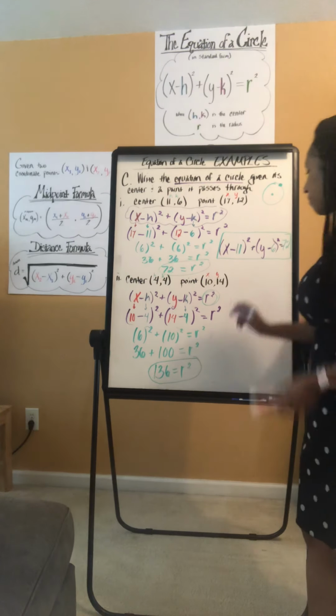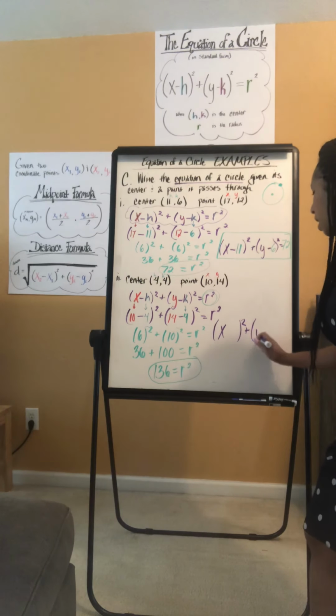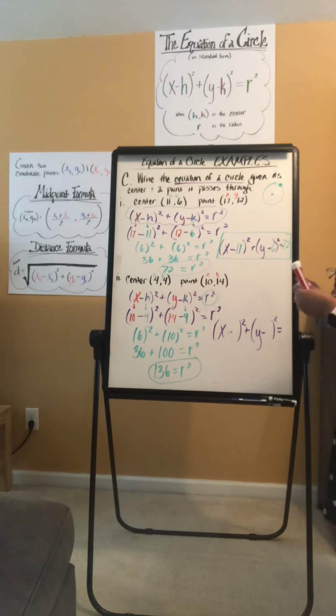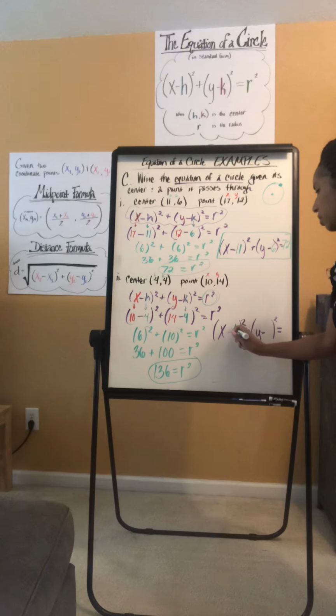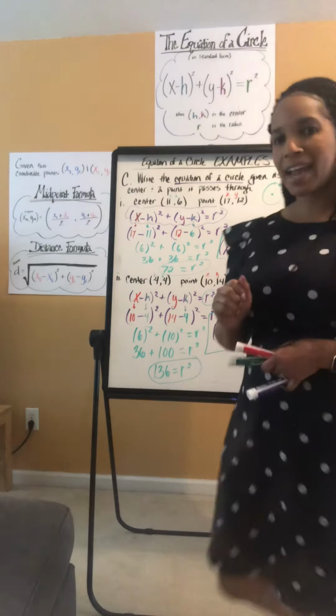So now I can write my final answer, where I will fill in my h, my k, and my r squared. Back to the beginning, both the h and the k were 4, so 4, 4, and the r squared was 136. Right, C3 is a star.